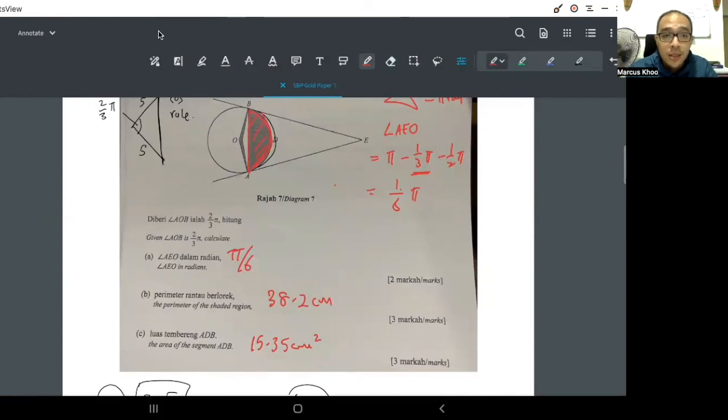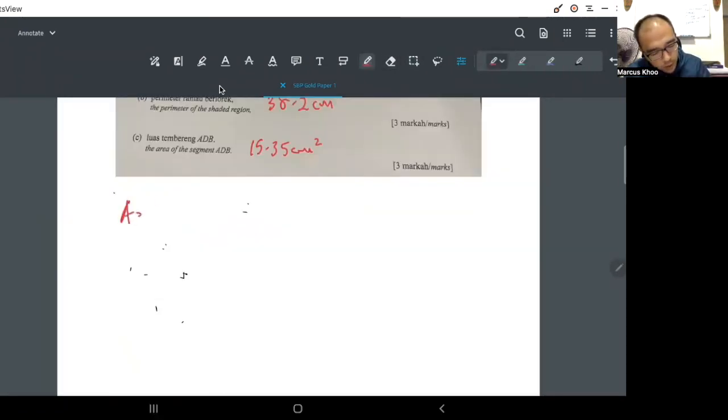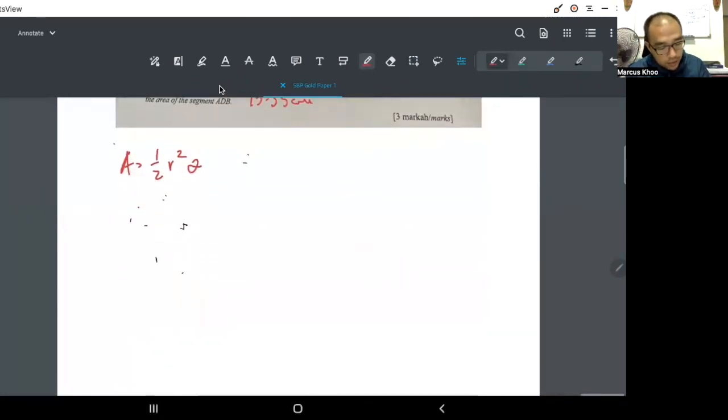The area of the sector is 1/2 r squared theta. Since your r is 5, it is 1/2 times 5 squared, then theta is 2/3 pi. And then you can get the answer from there.